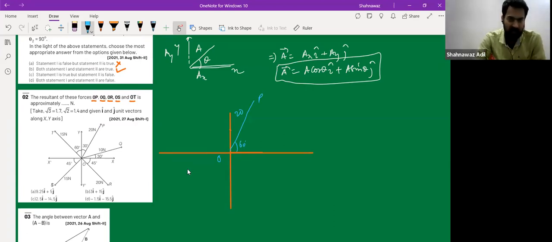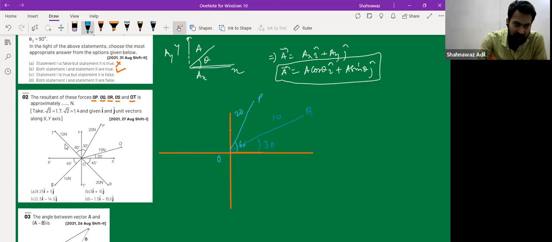Then you have this OQ vector. OQ is 10, and the angle is 30, right?